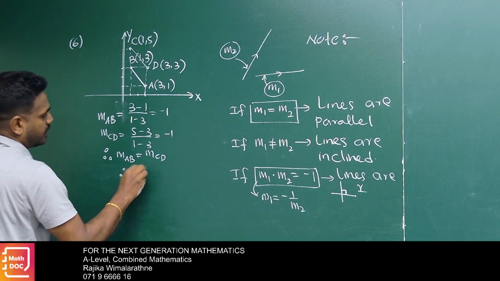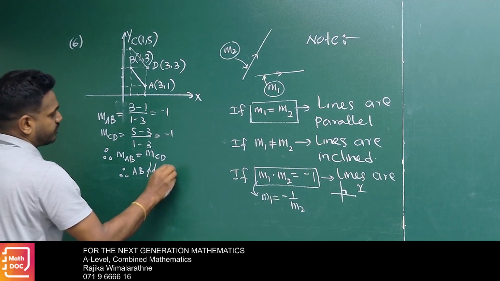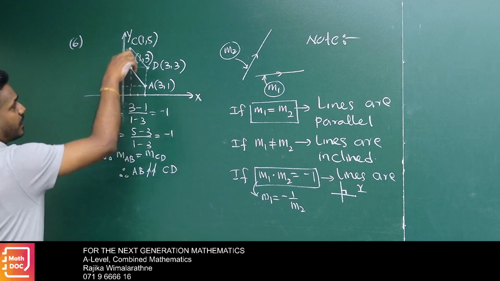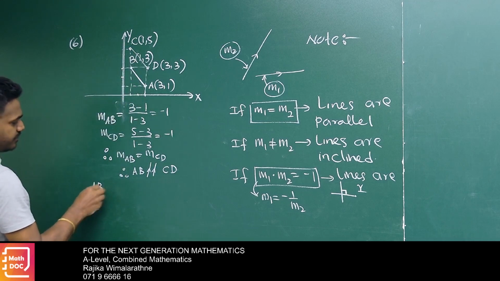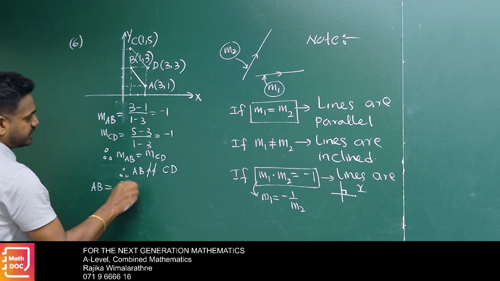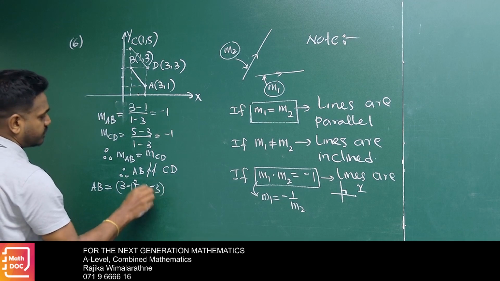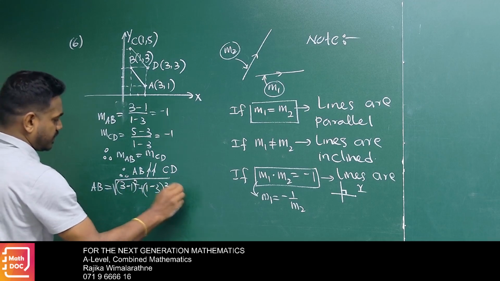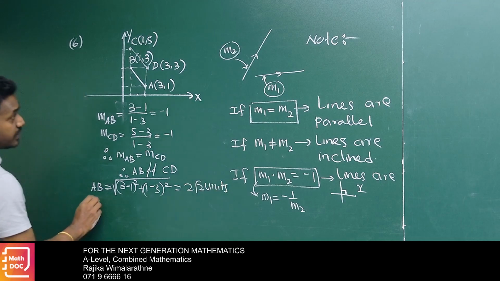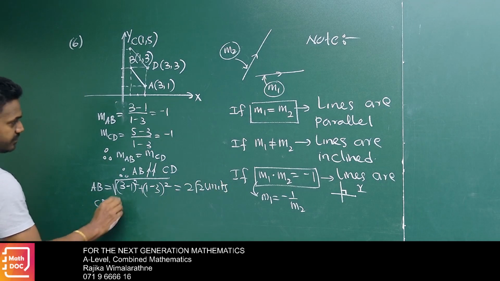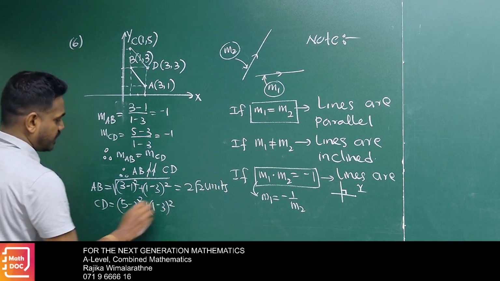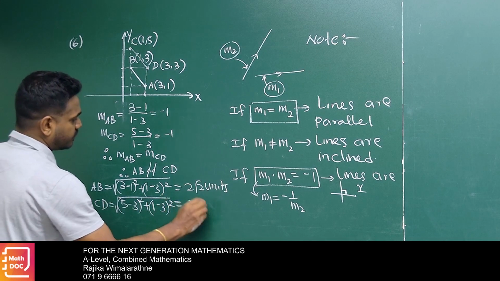Therefore AB is parallel to CD. Then AB length is the square root of 3 minus 1 squared plus 1 minus 3 squared, which is 2 root 2 units. Then CD length is the square root of 5 minus 3 squared plus 1 minus 3 squared, again 2 root 2 units.